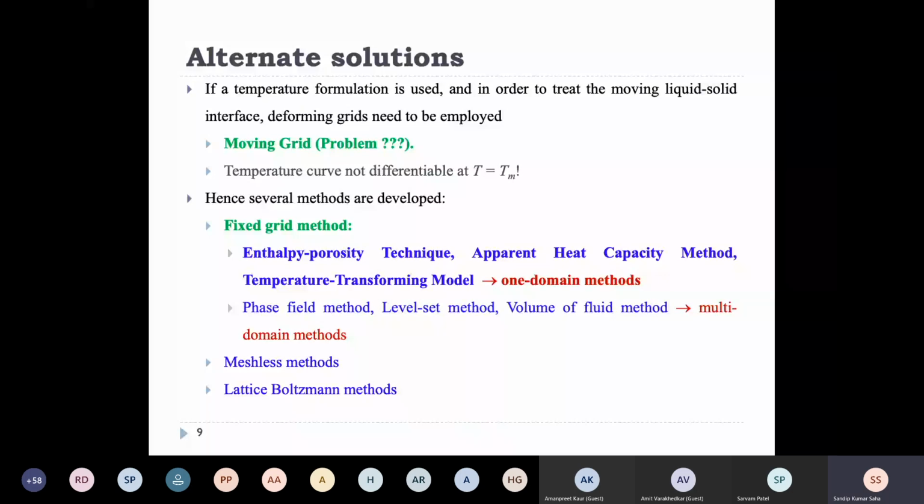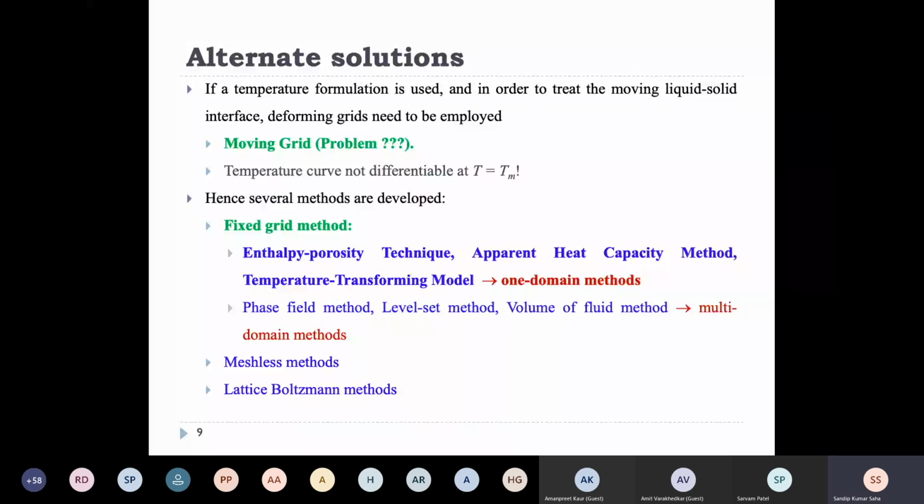Rather, we employ it where free surfaces have to be detected, like the interface of air and liquid, where liquid is rising in a container and displacing air. There we normally use the volume of fluid method. So here we don't use it much.